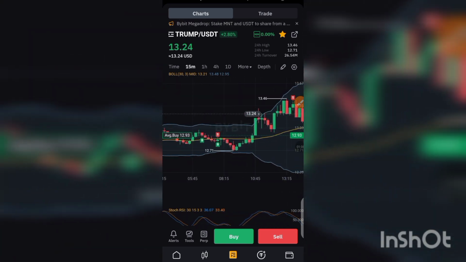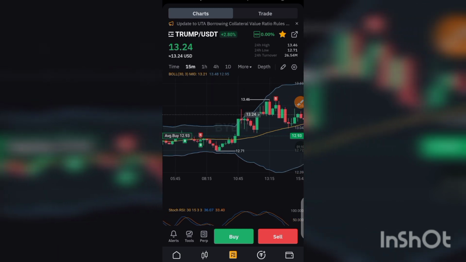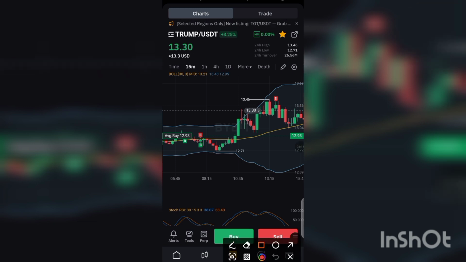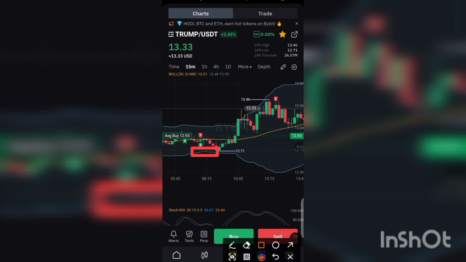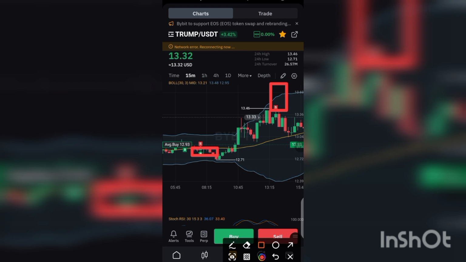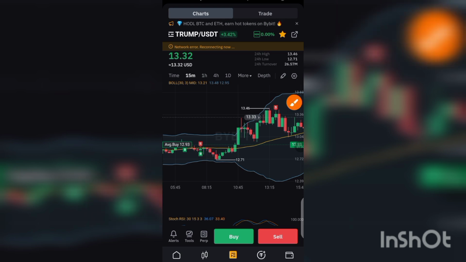Over here you can see that I only bought this particular market when the Bollinger Band came to this place. When it entered here was the time I bought the market. You can see over here this is where I exited the market. Always remember that.